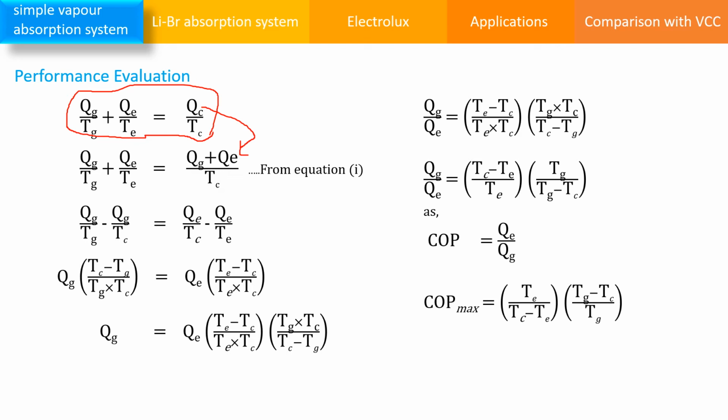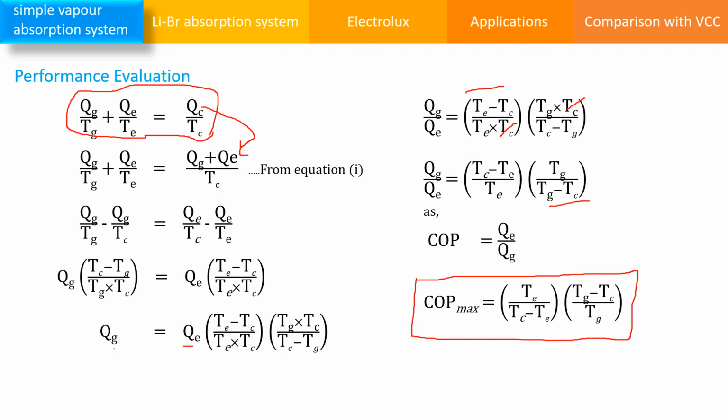After rearranging you get QG in terms of QE and the temperatures, and finally after some cancellation, like TC getting cancelled here, and changing of the plus and minus signs, you get QG upon QE. As we have defined the COP as QE upon QG, we get a final equation for the vapor absorption cycle, which is considered isentropic and perfectly reversible.